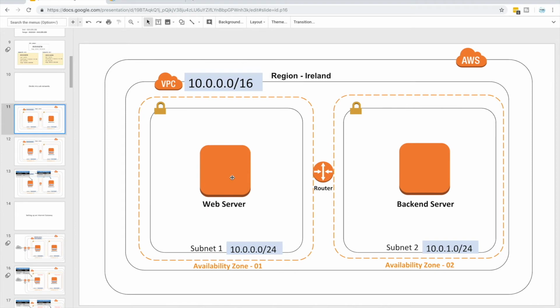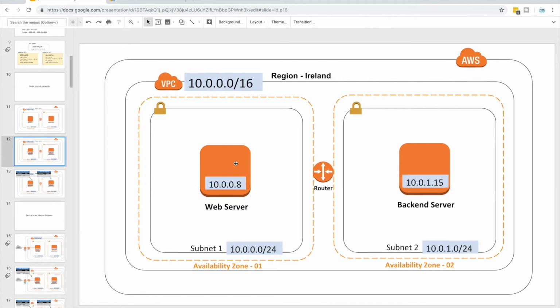I'm not sure if you have seen it, I have put the web server in subnet 1 and the backend server in subnet 2. When you spin up resources like EC2 instances in a subnet, they will be associated with IP addresses from the subnet's IP range. Take a look at this example. The web server got associated with this IP address 10.0.0.8, which is within this range, and this is not a reserved IP address either.